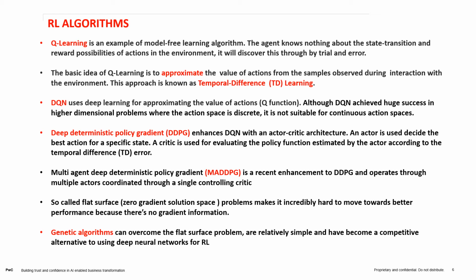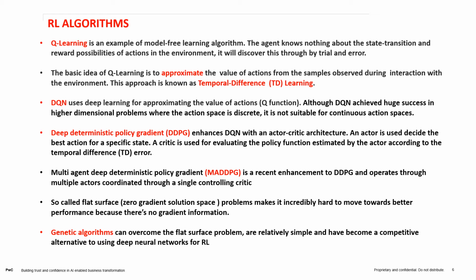Now, multi-agent DDPG is a recent enhancement to the DDPG architecture, and it operates through multiple actors coordinated through a single controlling critic. Now, this is a recent development, but based on earlier results, it looks really exciting. This MADDPG seems like it would significantly enhance the capabilities of the DDPG algorithms which we currently have.